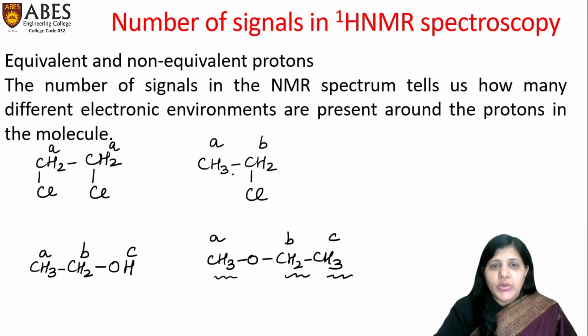Whereas in the second molecule, there are two sets of protons, both magnetically non-equivalent. In the case of ethanol, there are three sets of protons which are magnetically non-equivalent, and in this ether molecule, there are three sets of protons which are also magnetically non-equivalent.